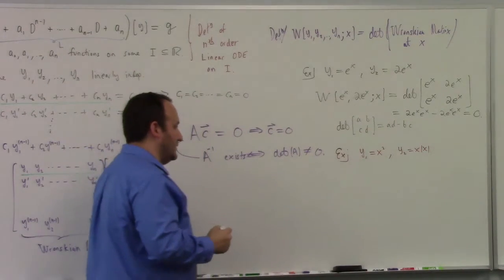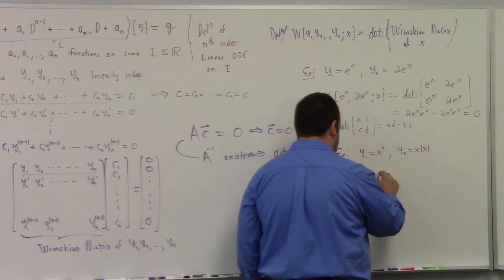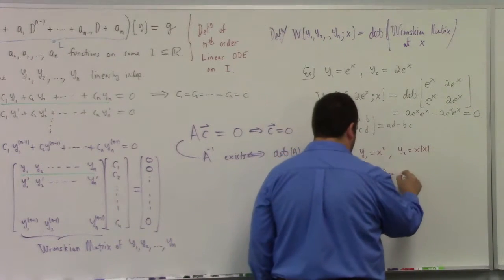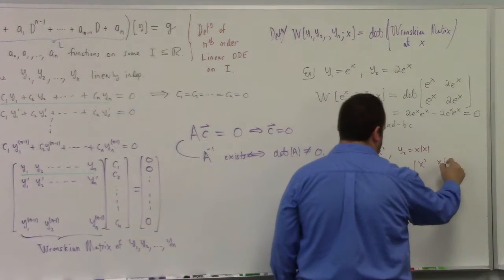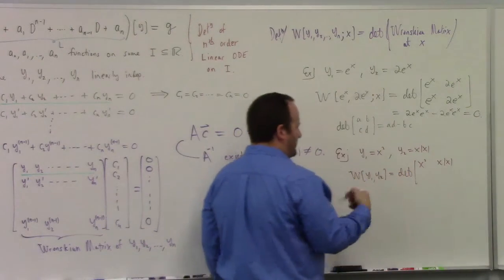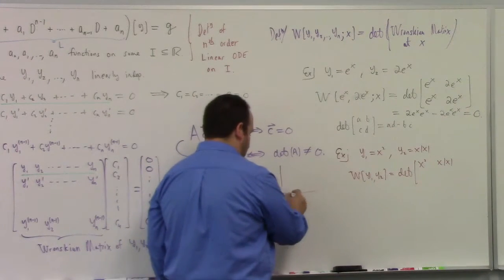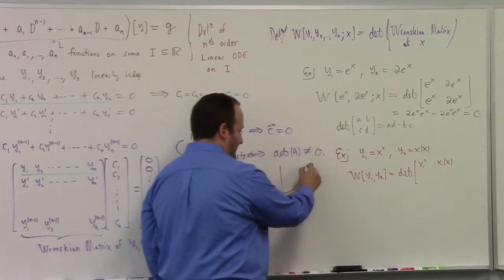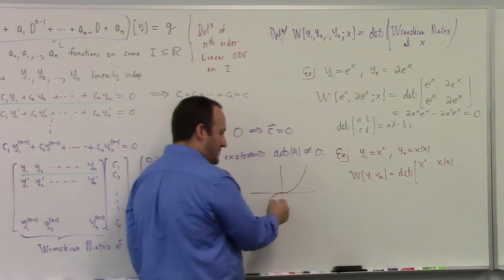So if you look at the Wronskian of this, you've got the determinant of x squared, x absolute value of x. I don't know if you ever thought about x absolute value of x before. It's really cool. What it is, it's the parabola this way, and it's minus the parabola over here. So it looks like a cubic.